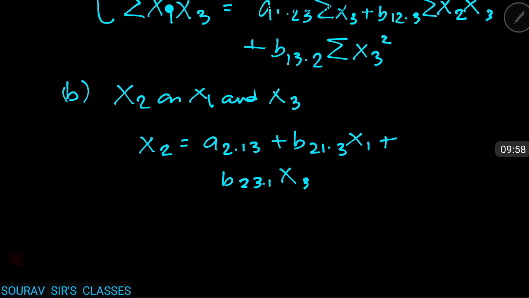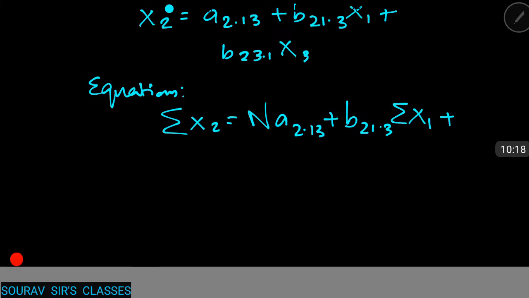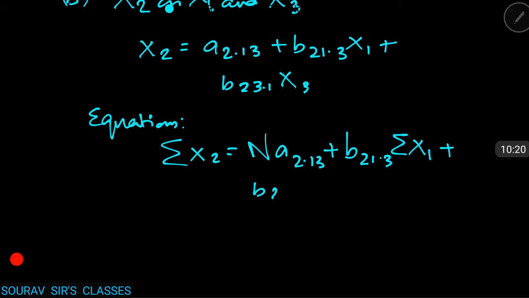The normal equations for fitting the above equation are: summation x2 is equal to n a 2.13 plus b 21.3 summation x1 plus b 23.1 summation x3.